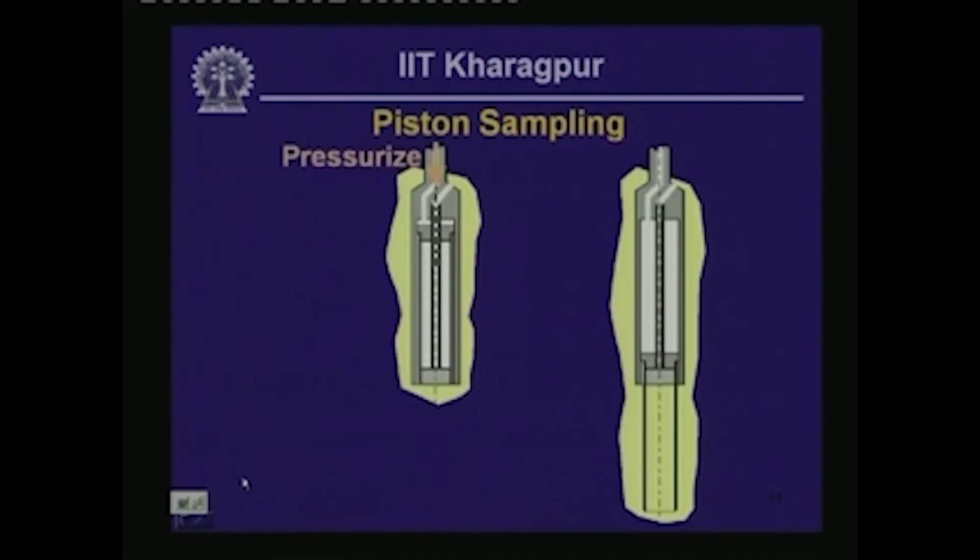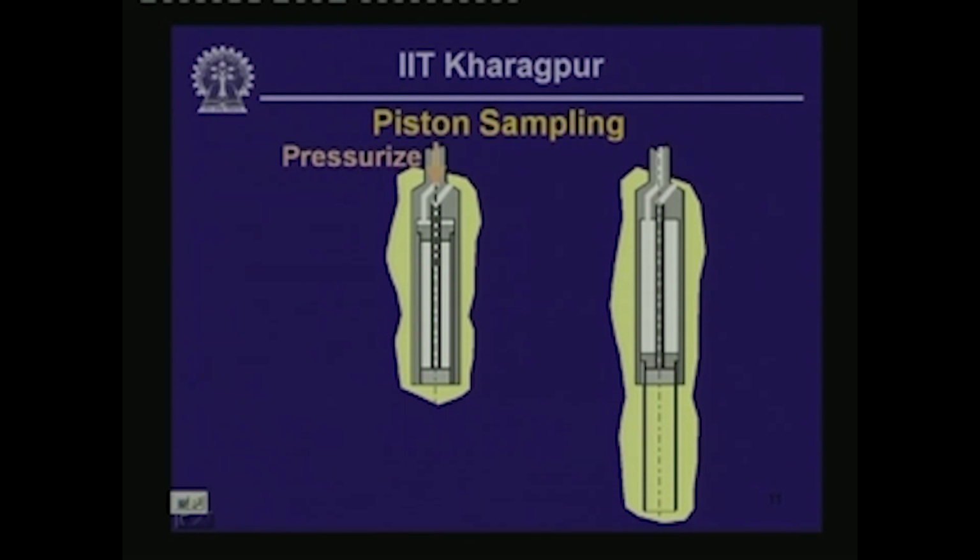Okay. So, now we look at a little bit of piston sampling. What is shown here is the schematic of a piston sampling procedure, and this type of sampler is called a stationary piston sampler.